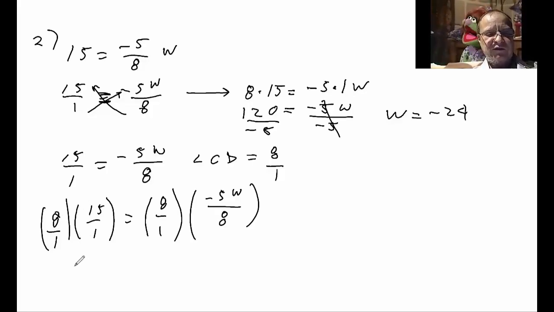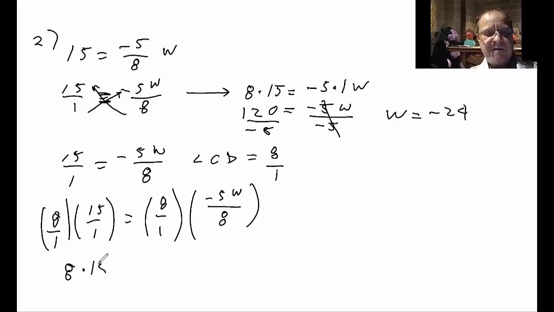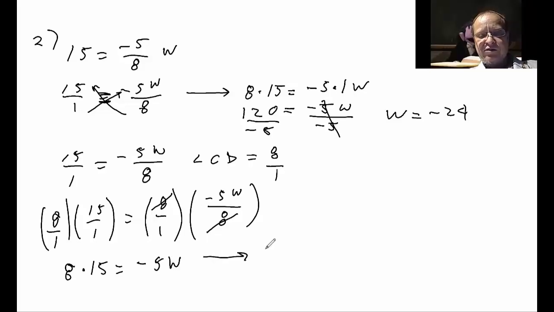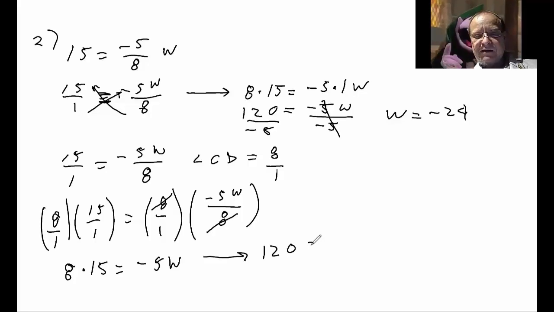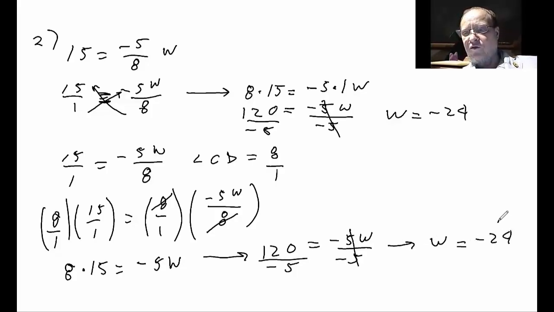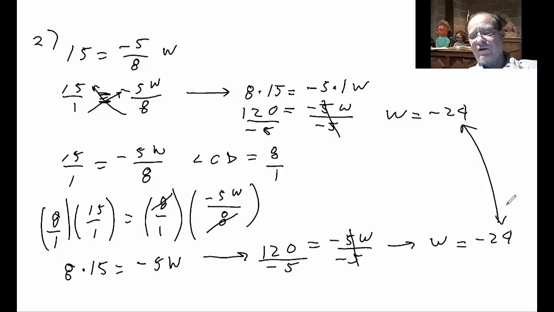So that's 8 times 15 is equal to, but I see that there's an 8 on the top here and an 8 on the bottom there, and that means I can cancel. So I end up with negative 5w on that side, and that means we get 120 is equal to negative 5w, and then continue with the algebra. And we find that w again is equal to negative 24, just like we found there.